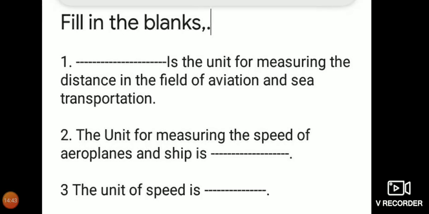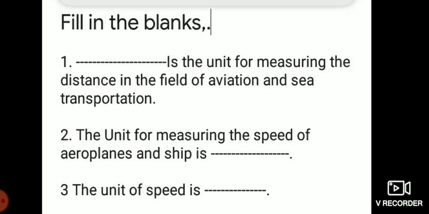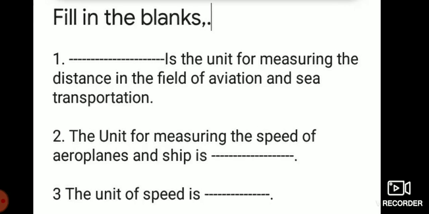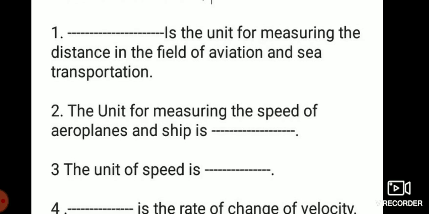All of you take a homework note. Write the homework question. Fill in the blanks. Write today's date, then write the heading. First question: dash is the unit for measuring the distance in the field of aviation and sea transportation.